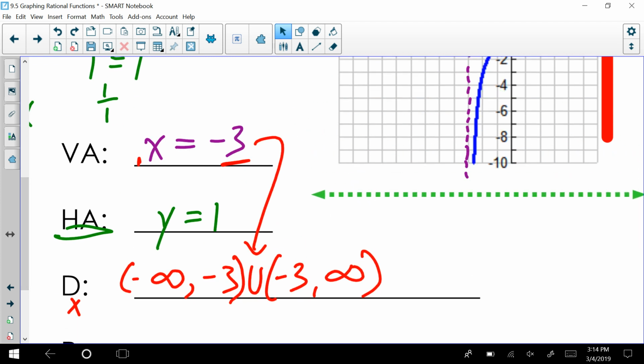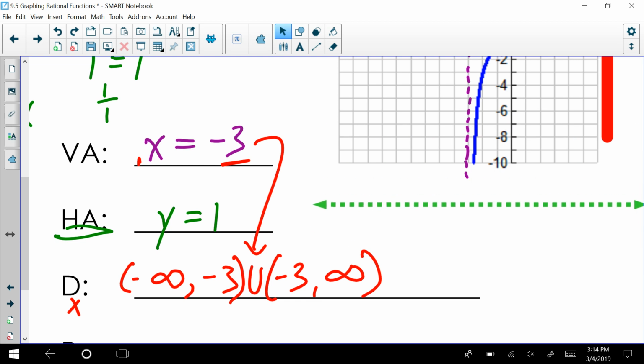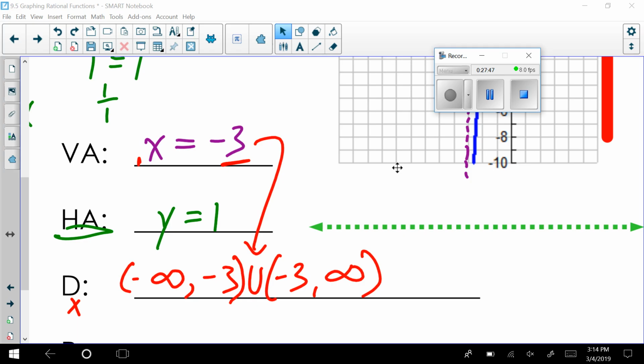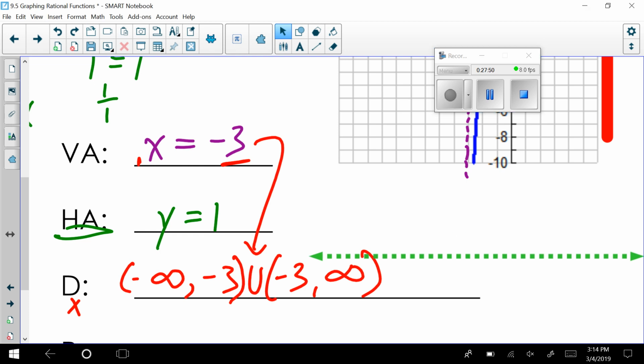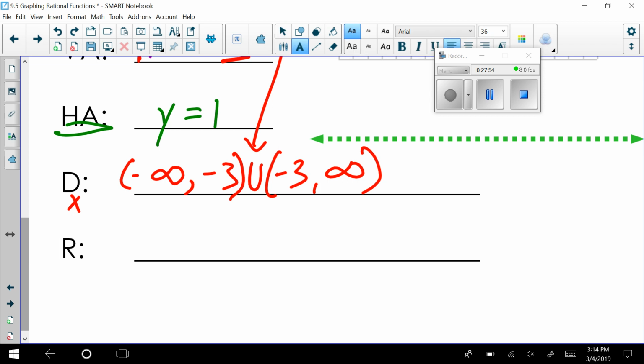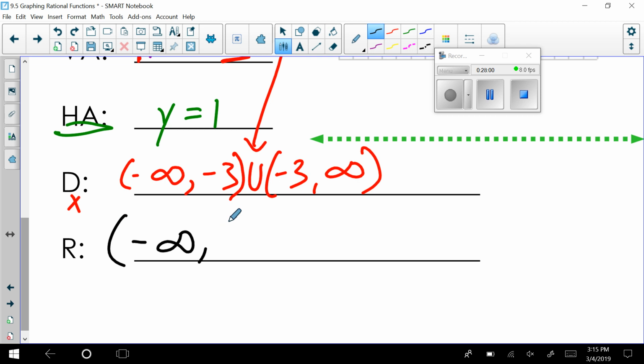Well, remember, you're tracing it. This blue continues downward. Because it continues downward forever, I have to say that this goes down forever. Can't touch that, right?